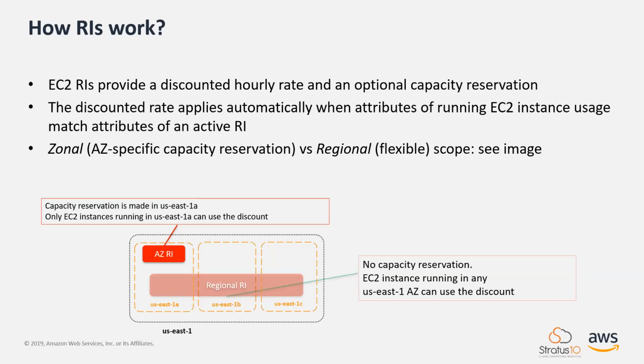Regional reserved instances have the following benefits: availability zone flexibility, allowing the reserved instance discount to apply to instance usage in any of the availability zones within that region, and also instance size flexibility. So reserved instance discounts apply to instance usage regardless of size within that instance family. This is, however, only supported on Windows and Unix RIs with shared tenancy.